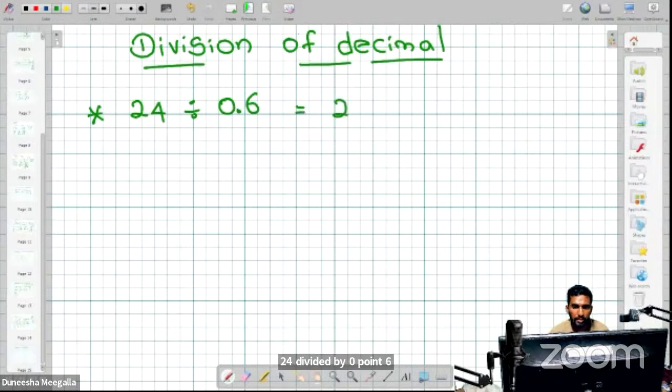Okay, 24. How can we write 0.6 as a fraction?